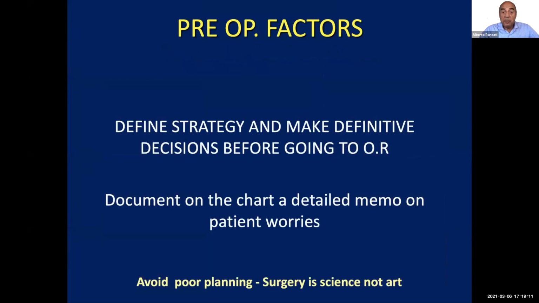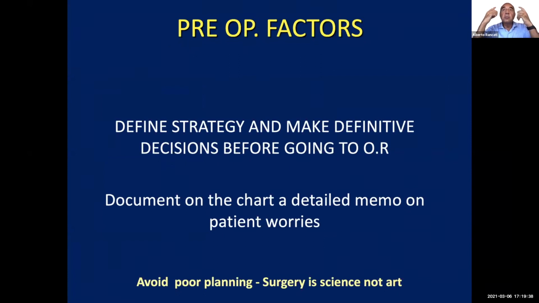So you have a lot of pre-op factors like defining the strategy and making the definitive decisions before going to the operating room. This is something that is very important for plastic surgeons and oncologic surgeons to know: the surgery is made in your mind the night before surgery. So you must visualize what you are going to do and not go to the operating room to make decisions.